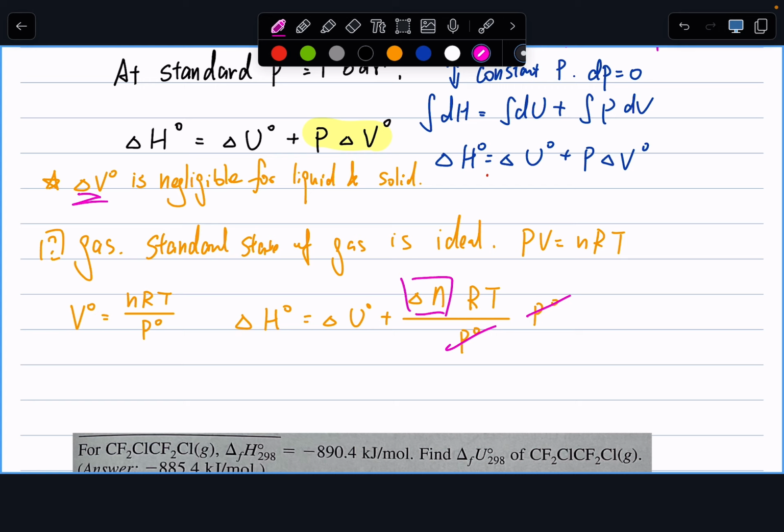The more general expression of this equation becomes delta H naught equals delta U naught plus delta NG RT. And this delta NG is the change in the number of moles of gas molecules.